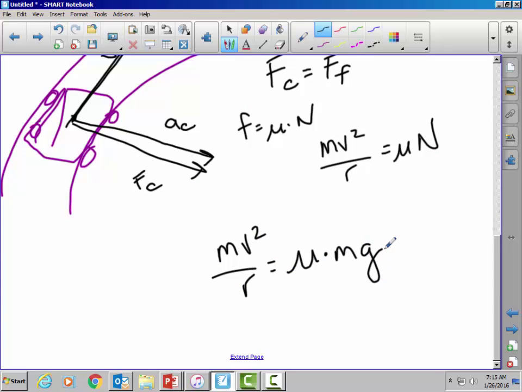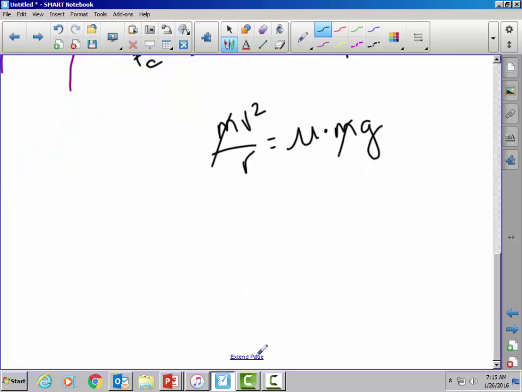And in this case, your normal force, since the car is on a flat road, is just the weight of the car. So we can cross out some values that are the same, which is the mass. And then we get v squared over r equals mu g.